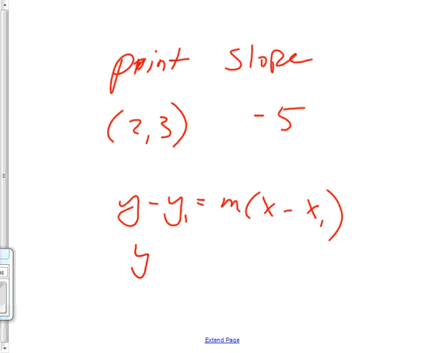Okay, so it's y minus 3 equals negative 5 times x minus 2.